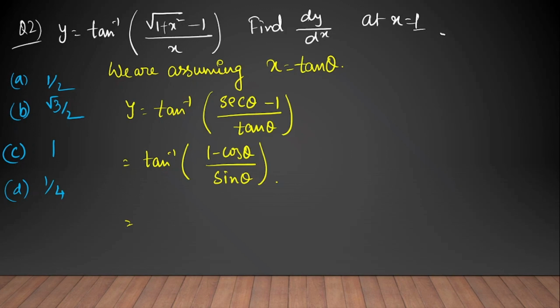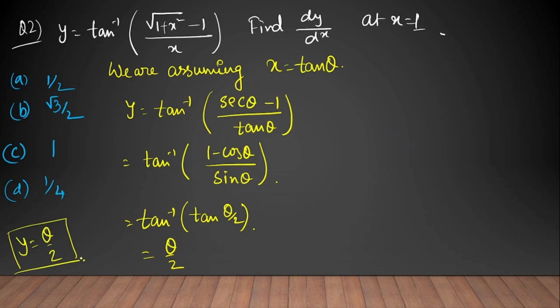I am not doing the same thing over here. So I am taking the value as tan theta by 2, so it will be theta by 2. So we can write the value of y equals theta divided by 2. This is our first part completed over this question.